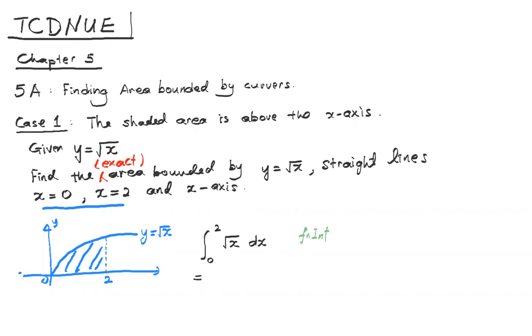So the calculator will give you the decimal. Do you get the answer? What is the answer? 1.8856. Okay, enough. So it's approximately 1.89 units squared.